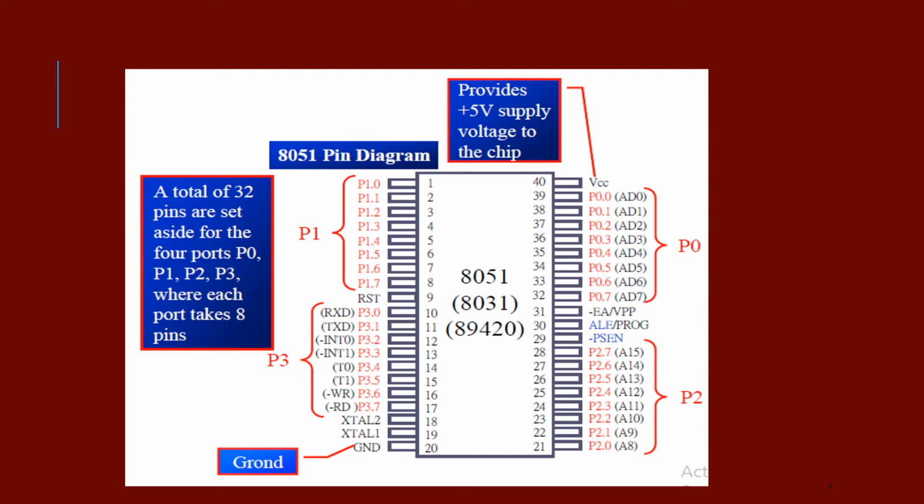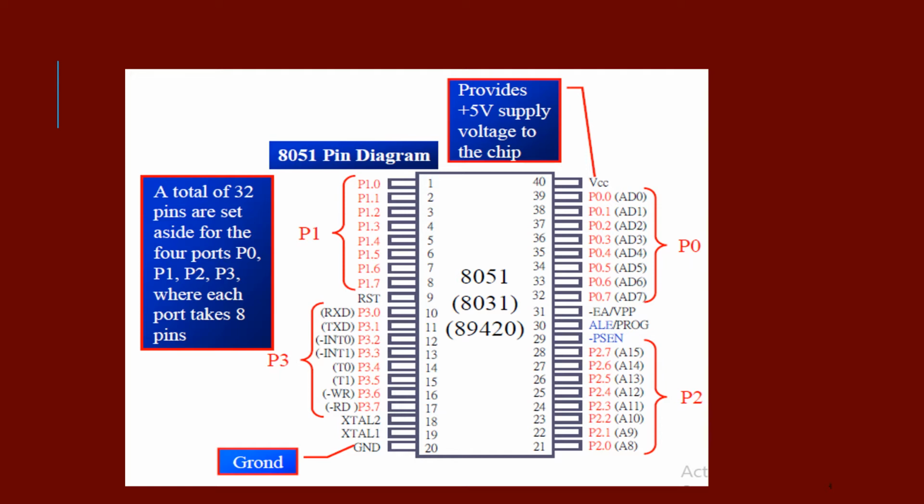So port 0 is used for address as well as data, along with the programmability feature associated internally with each and every pin. Then port 3 is P3.0 to P3.7, pin number 10 to pin number 17. This is a multiplexed port. It takes care of RxD, TxD, that is receive and transmit, interrupt 0 and interrupt 1, timer 0 and timer 1, and read and write.